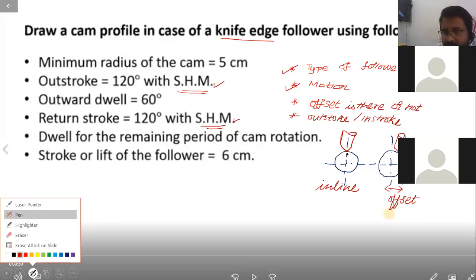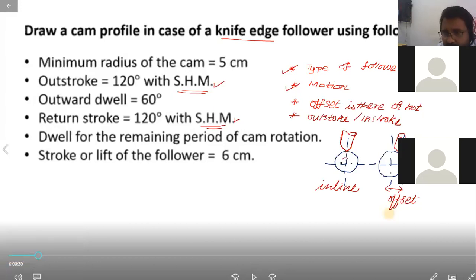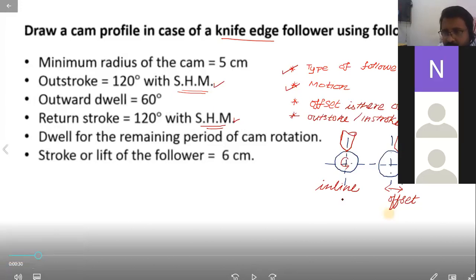How much rotation is it totally? 360 degrees. So we have to predict the displacement for the entire span of 360 degrees. Am I right?